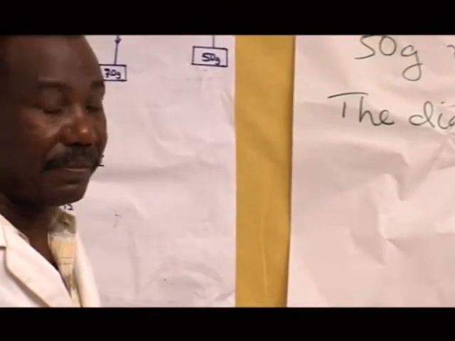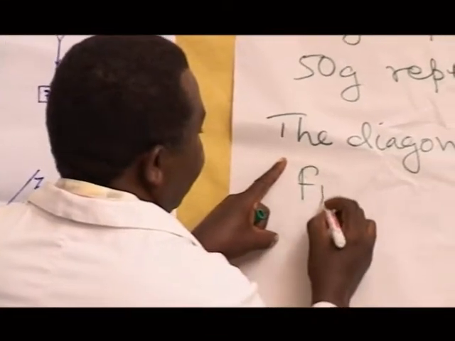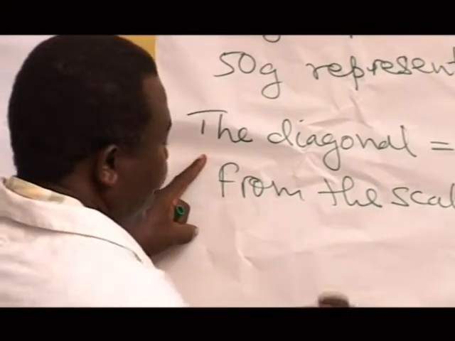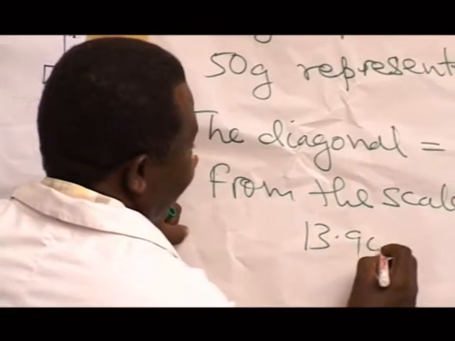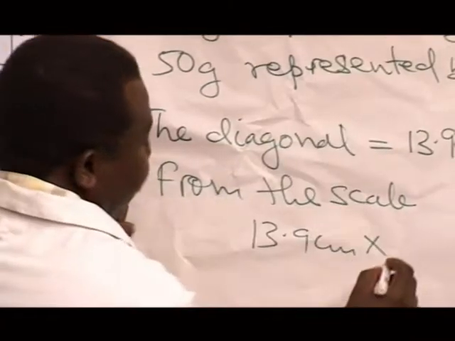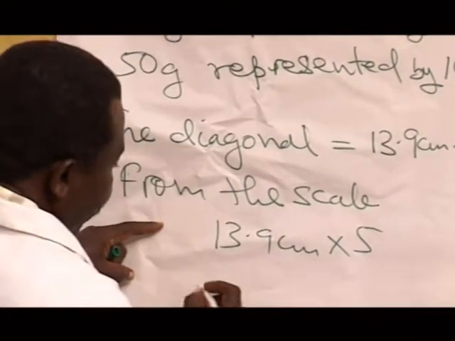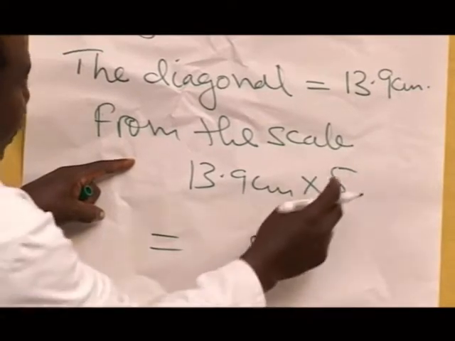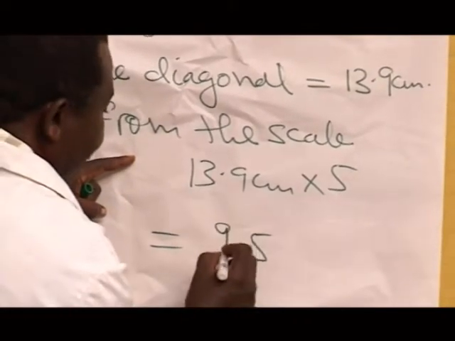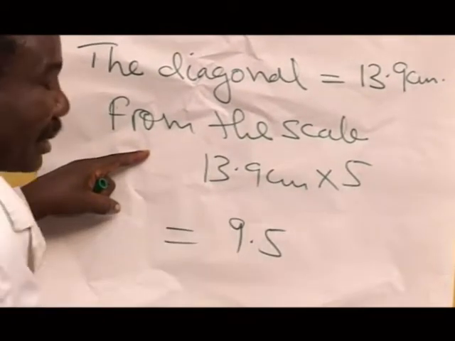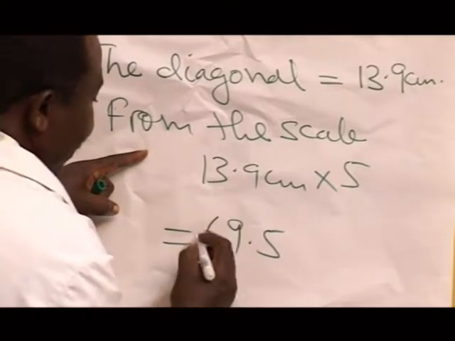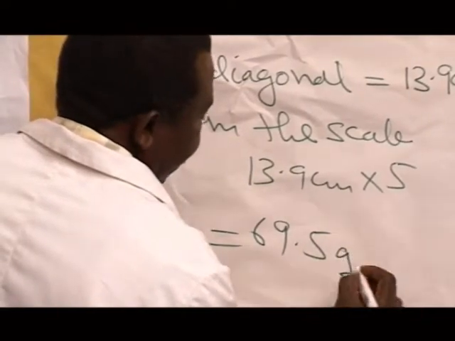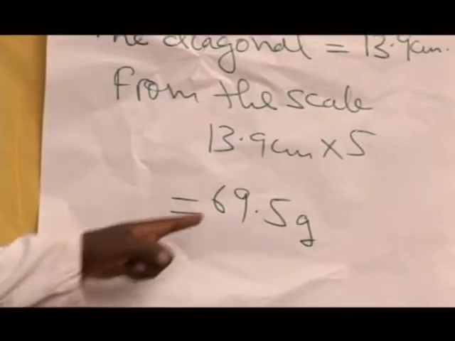From the scale, 13.9 centimeters times 5 is equal to 69.5 grams.